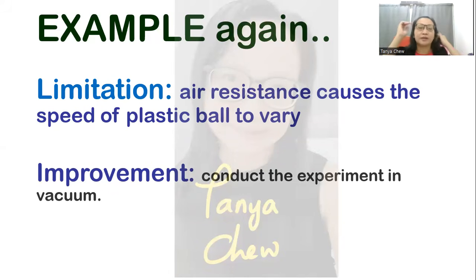Some extra tips that I would like to give you here, which are not in my slide: whenever you lack ideas to write your limitations and improvements, focus on whatever you are asked to investigate. For example, just now you should remember T squared is equal to kD.